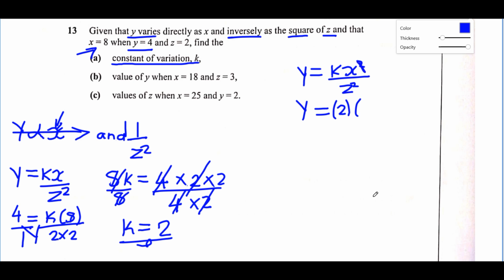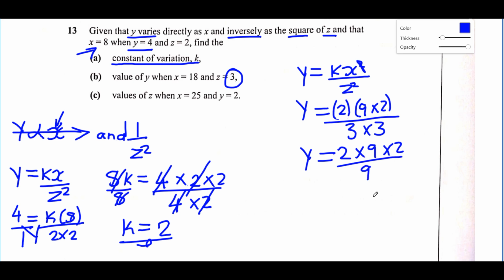So x is 18. 18 is same as 9 times 2 over z is 3 times 3. 3 times 3 is 9. So we have 2 times 9 times 2 over 9. So I can cancel this. Therefore, the final answer is 4.